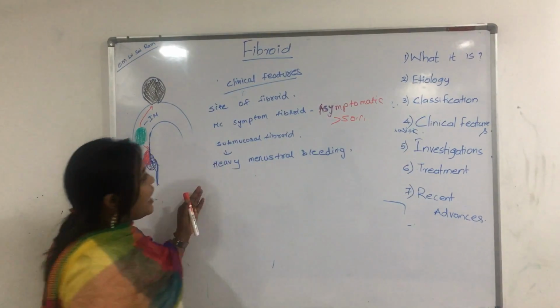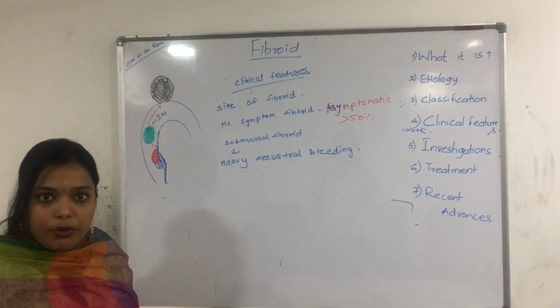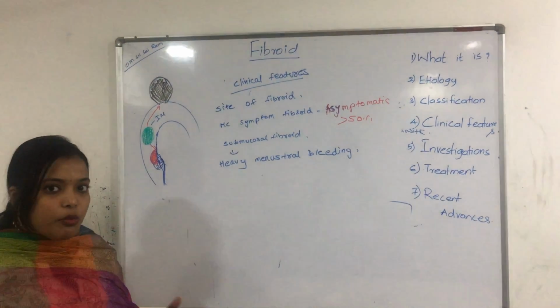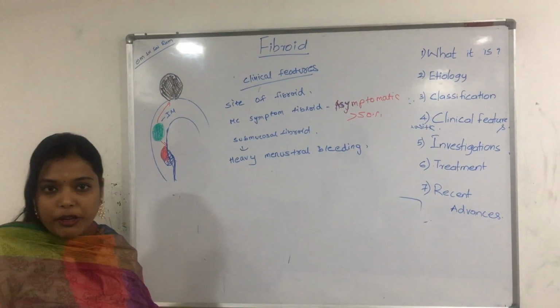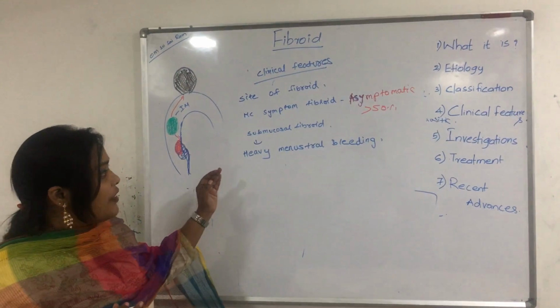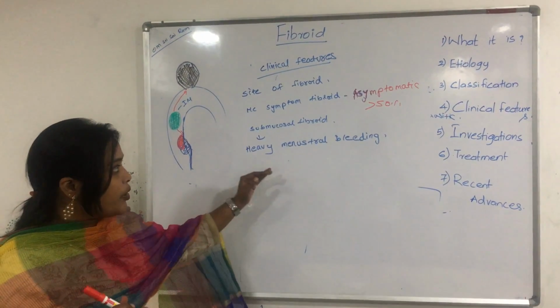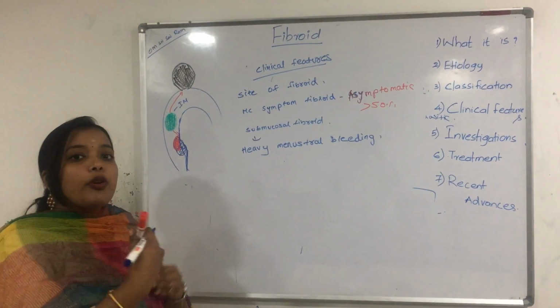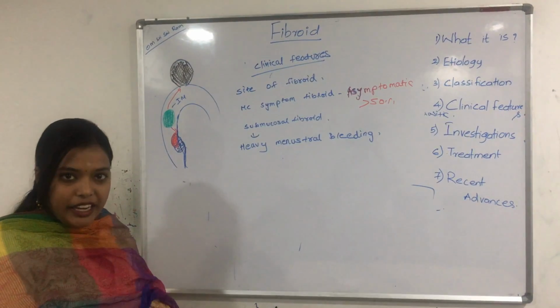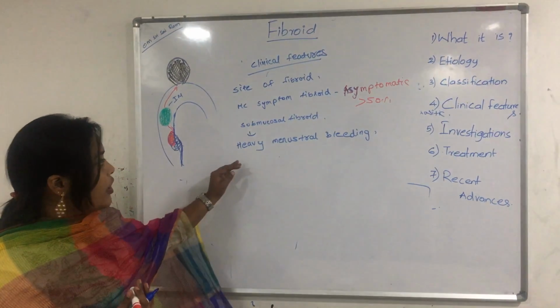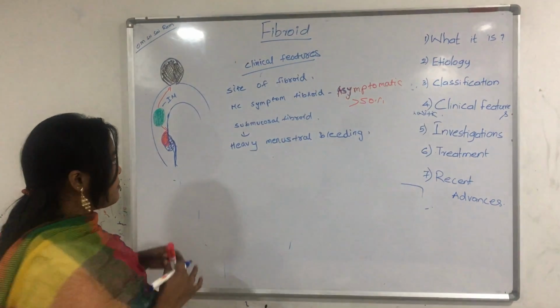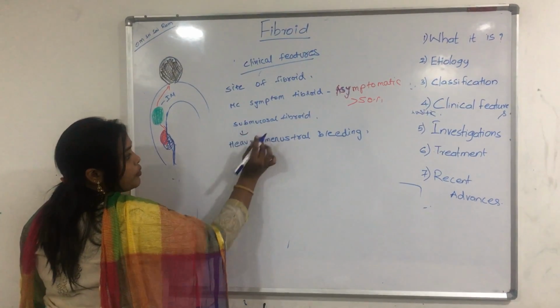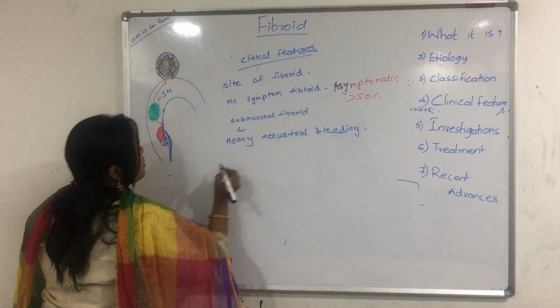Now note my words, I am not telling menorrhagia anymore, because there is no more word called menorrhagia, menometrorrhagia and all. Now the terminology is only HMB, or heavy menstrual bleeding. Any prolonged bleeding more than 8 days or more than 80 ml is called heavy menstrual bleeding. Okay. So submucosal fibroids will present with heavy menstrual bleeding.